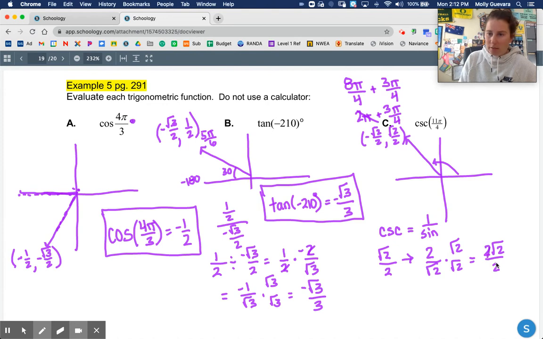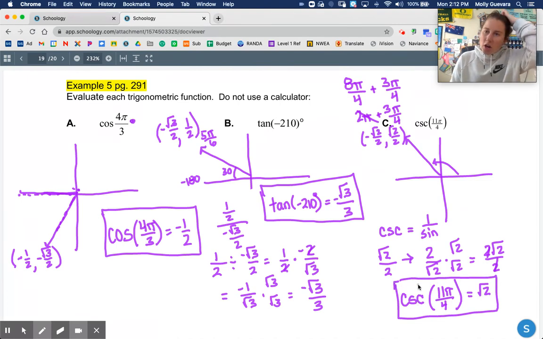The 2's can cancel. So I get cosecant of 11 pi over 4 is just square root of 2. So just knowing how to find those angles and where those angles are located is going to be very, very helpful.